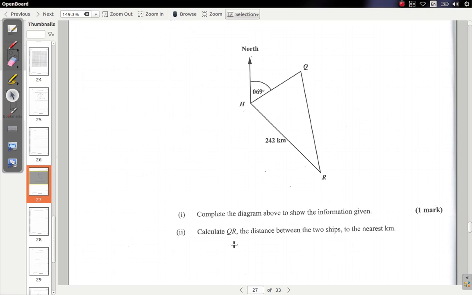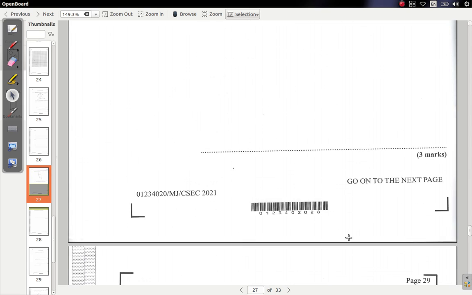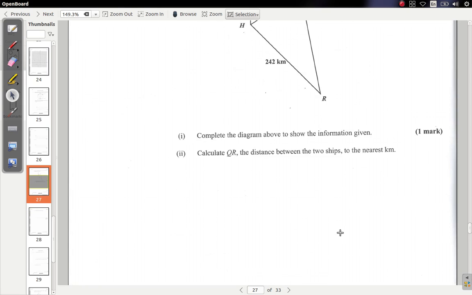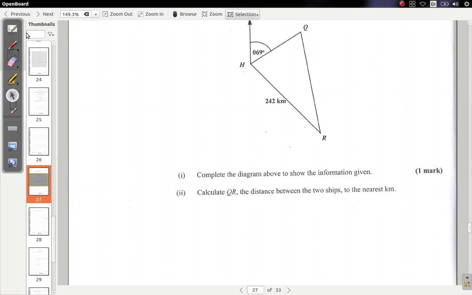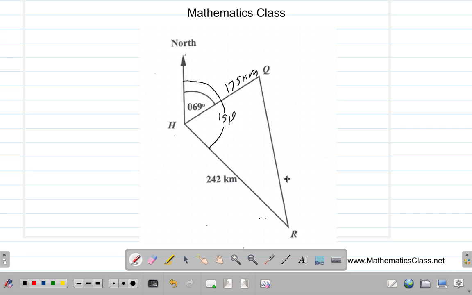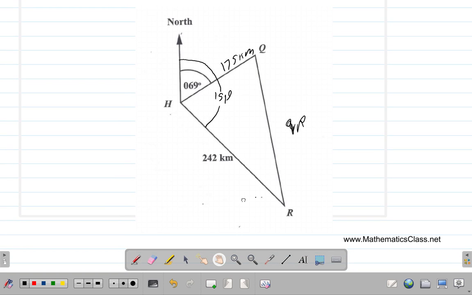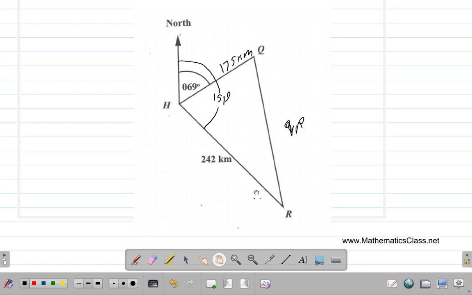And then they say calculate QR, the distance between the two ships to the nearest kilometer. So you want QR. What you can do is find this angle and then use the cosine rule.